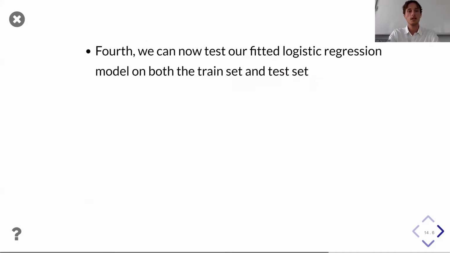So when we have done that, we can now test our fitted logistic regression model on both the train set and the test set, and see how well it actually performs in predicting whether the sentiment of the review was negative or positive. Remember that the only input this algorithm gets is the bag of words that we computed from the reviews.